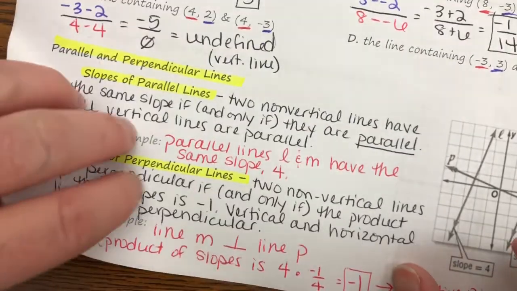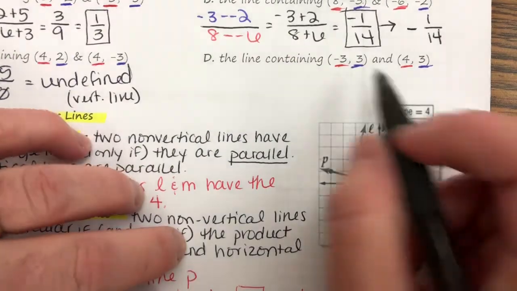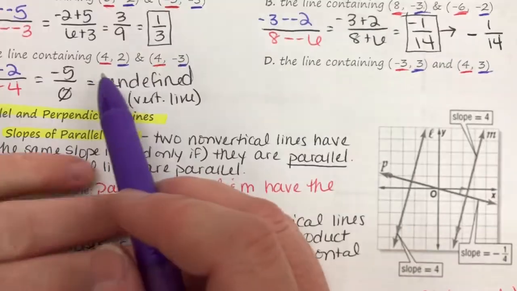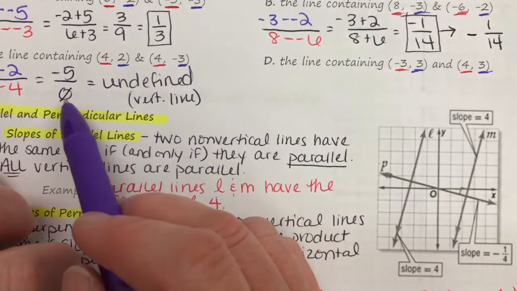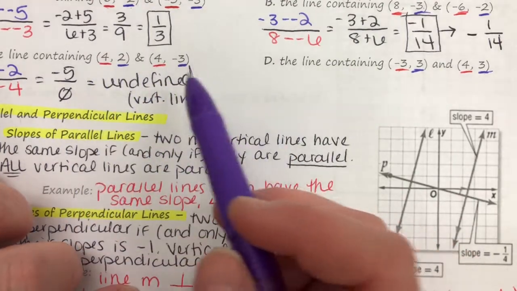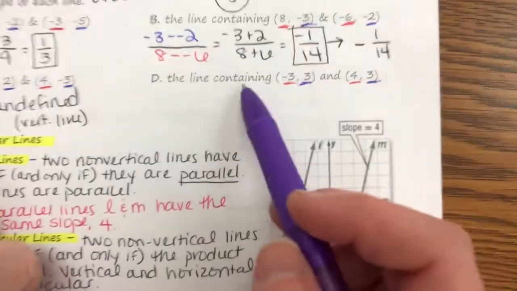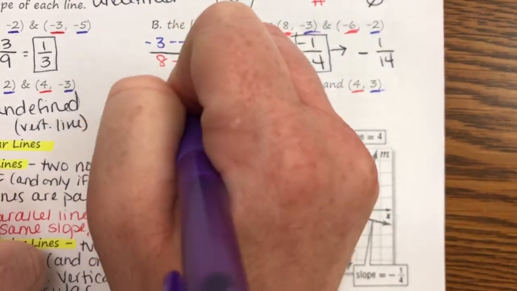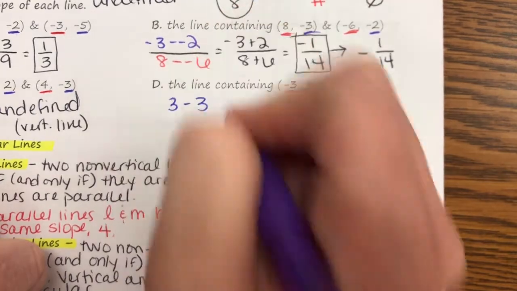Okay, and then D, the last one we're finding mathematically the slope. We have the y values are the same. So over here, the x values were the same, and we got an undefined slope. There was no slope, no solution. Here, our y values are the same. So on top of my ratio, I'm going to have 3 minus 3.